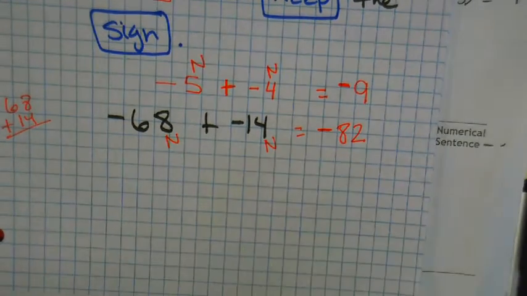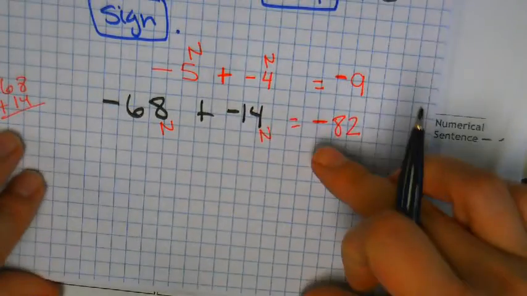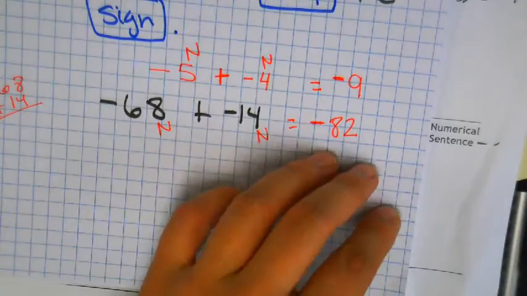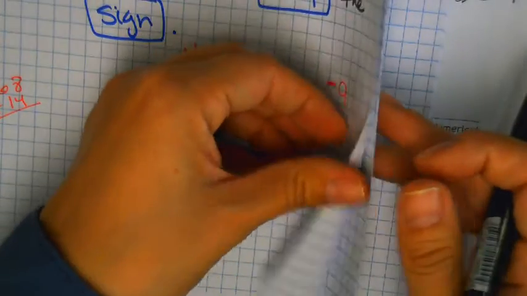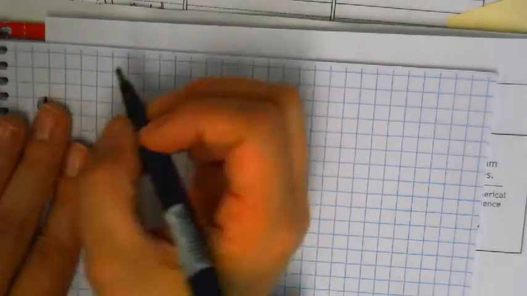Rule number 2, which I don't have enough room to write here, so I'm just going to turn my page. If you have enough room, keep it there. Okay, rule number 2.